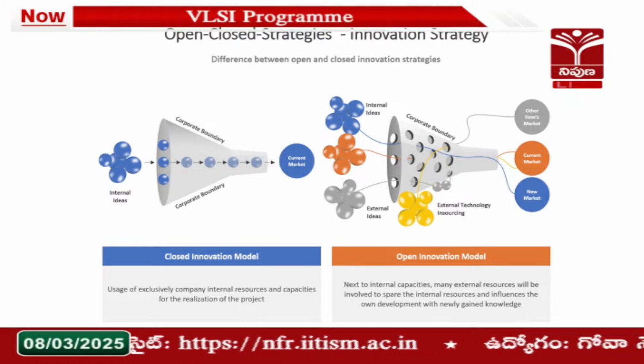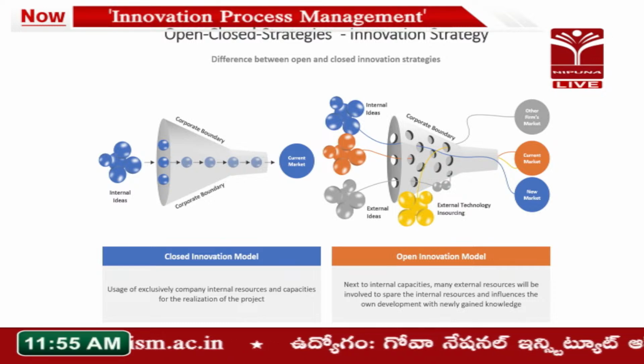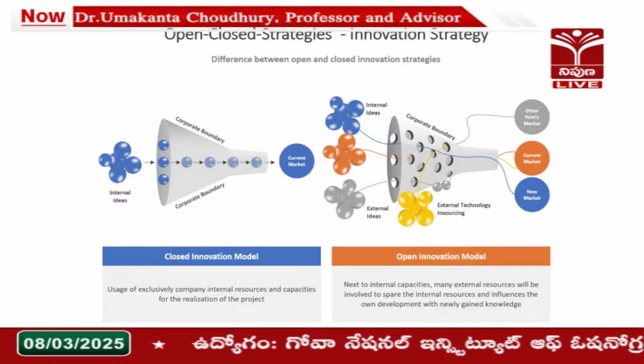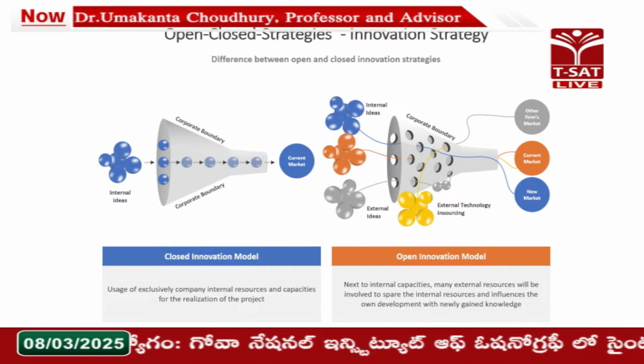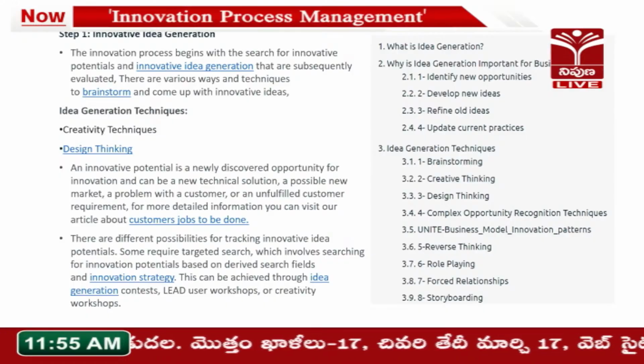People can join hands and develop, and you can have an MOU where you decide the percentage each gets. If someone from outside is joining with you, you have to have a memorandum of understanding and a non-disclosure agreement signed, so that you do not disclose. These are all idea generation techniques.